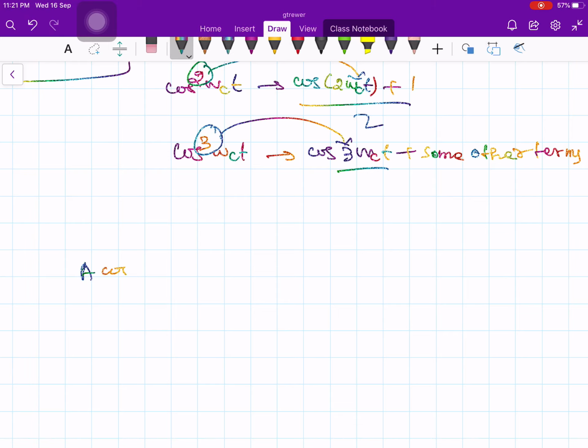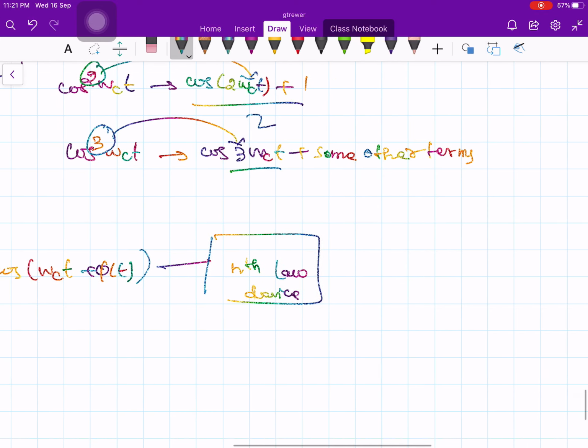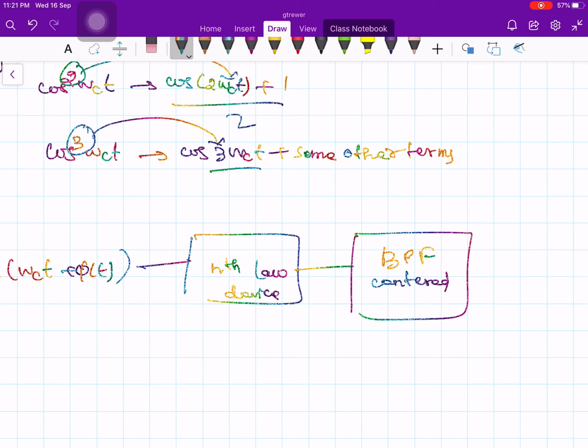So a times cosine of omega ct plus phi of t is given to an nth law device, and the output of the nth law device is given to a band pass filter centered at a frequency of n times fc, which is passed through the band pass filter.